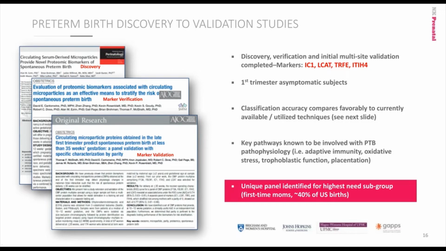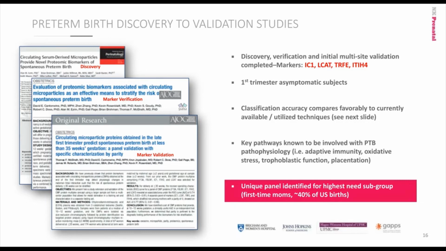In addition to an all-moms panel, we whittled down from a larger discovery set to a 4-marker panel for the validation study shown here. Those markers are IC1, LCAT, TRFE, and ITIH4. Those markers correlated with known pathways in the pathophysiology for preterm birth, including oxidative stress, adaptive innate immunity, trophoblastic function, and placentation mechanisms.